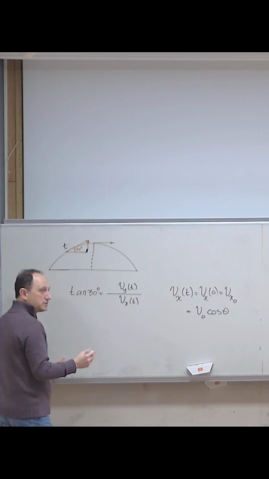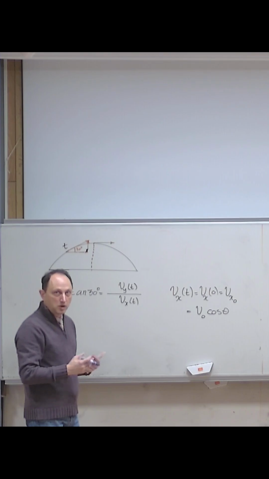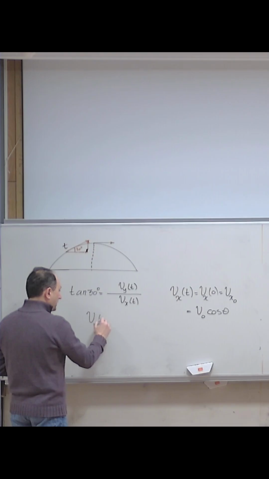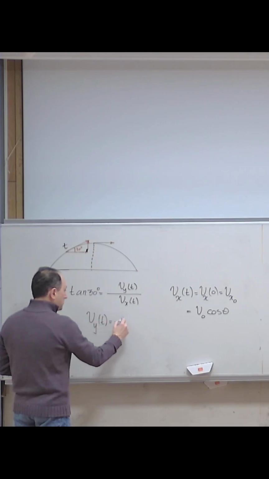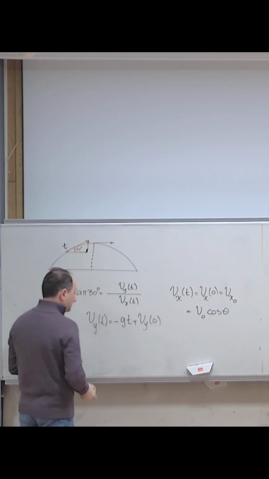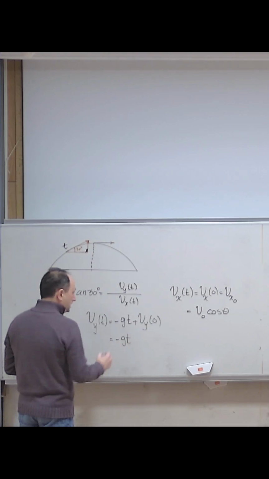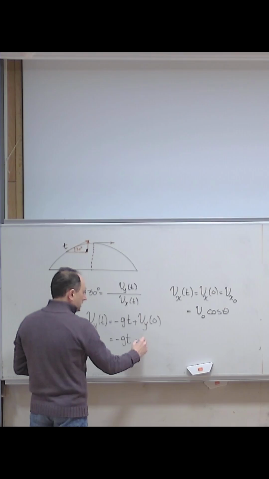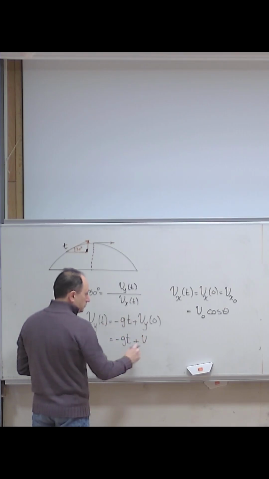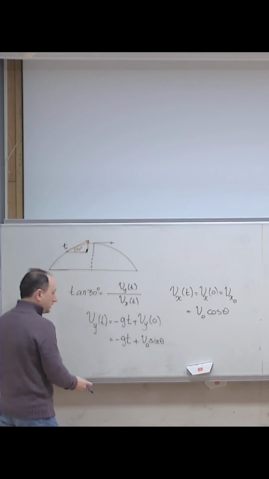But what about that one? On the vertical direction, I have a constant acceleration of minus g. So if I write the formula for Vy at time t, it becomes minus gt plus Vy at time 0. This is minus gt plus the vertical component of the initial velocity, which is v naught times sine of theta.